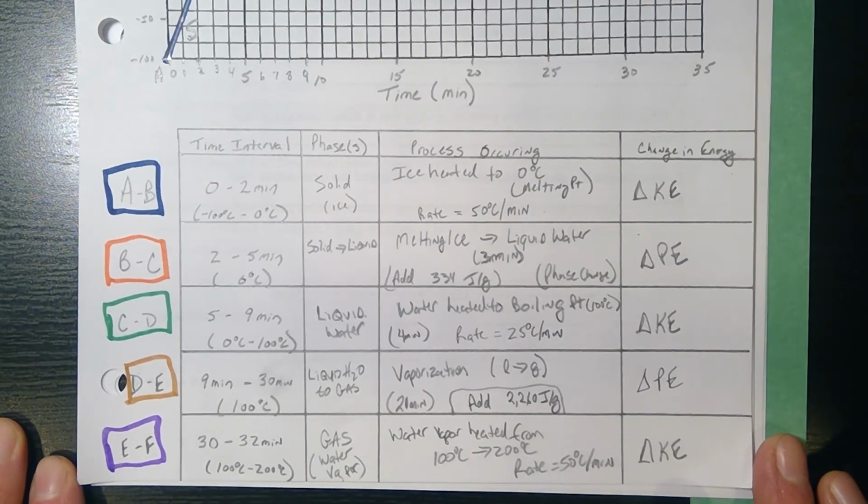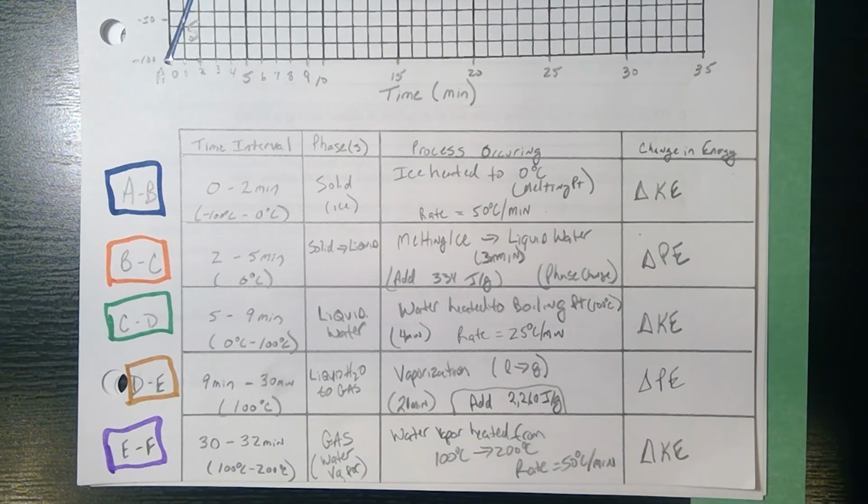All right, the rate changes, okay, liquid water heats slower than ice or water vapor, but the majority of the time, actually 21 out of 32 minutes, was vaporization, because you have to add a huge amount of energy. Okay, 2,260 joules per gram is a lot more energy.